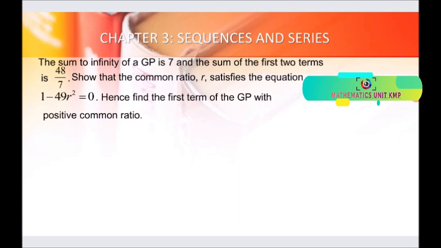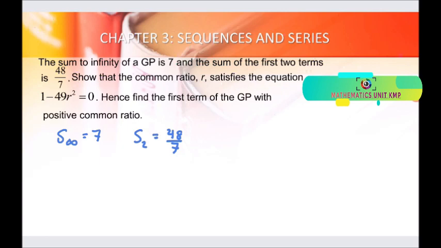From the question, we have the information S infinity equal to 7, and the sum of the first two terms S2 is equal to 48 over 7. So the question wants us to show the common ratio satisfies the equation 1 minus 49R squared equal to 0.